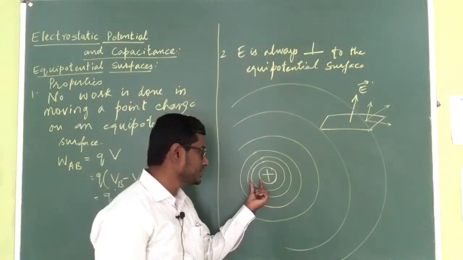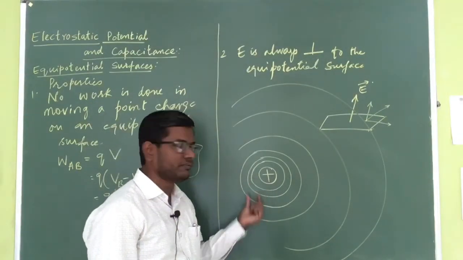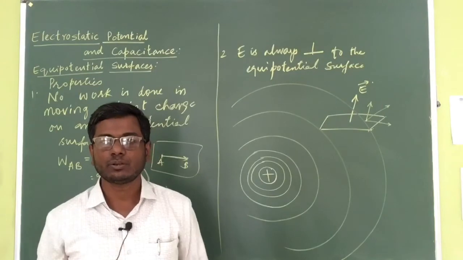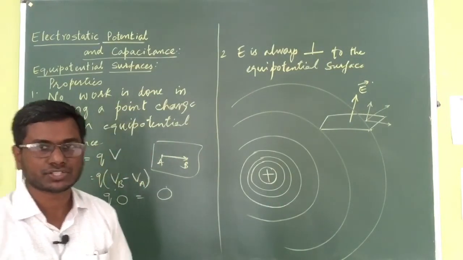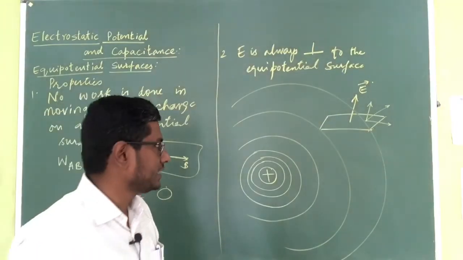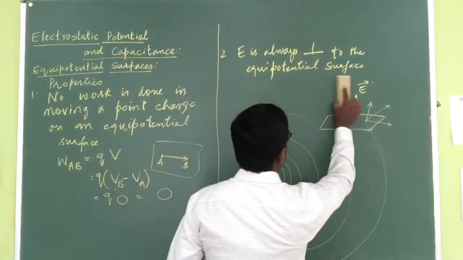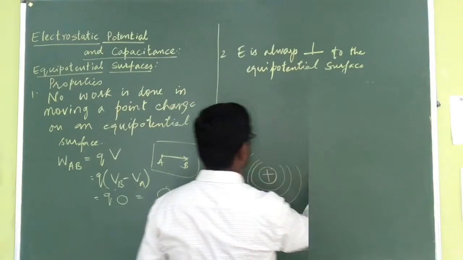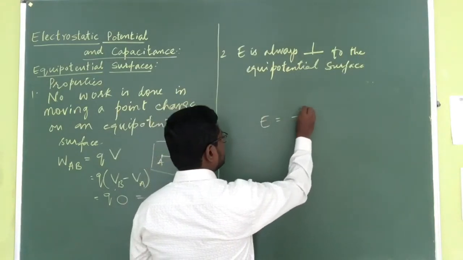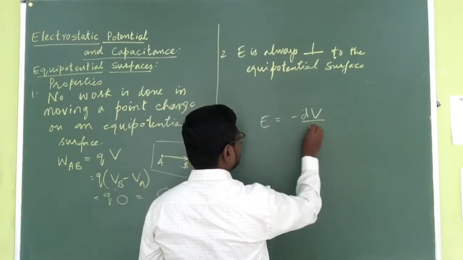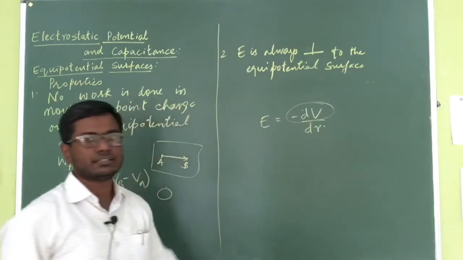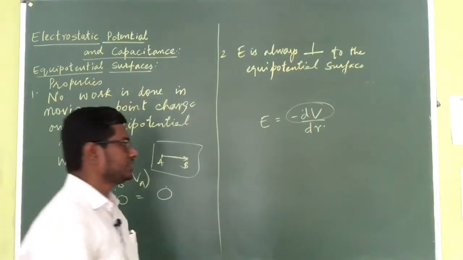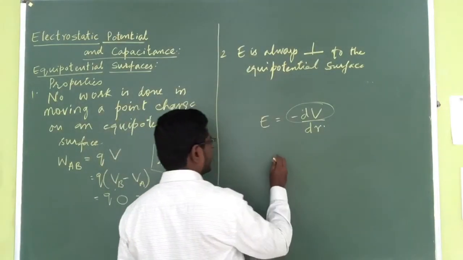In the near region where the field is strong, the equipotential surfaces will be close to each other. But as I go further away from the charge, the equipotential surfaces move further apart. We have the relation E is equal to minus dV by dr, and for an equipotential surface the dV term remains constant because we are talking of the same potential surface.